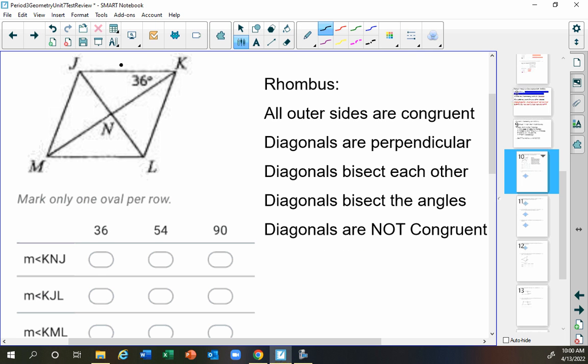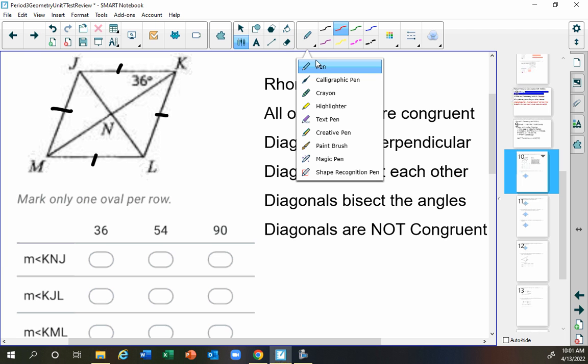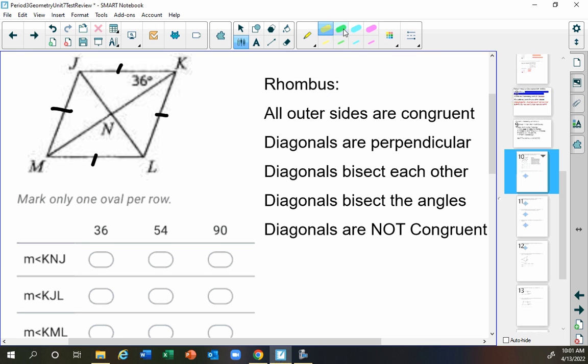So it's here, here. And that's important because, you know what's also going to be important? This angle measure right here. Diagonals are perpendicular. So what does that mean by perpendicular? If the two diagonals, here's diagonal number 1 and diagonal number 2.